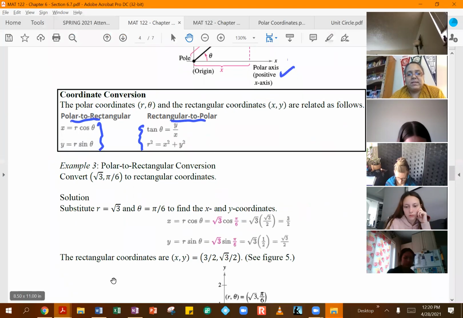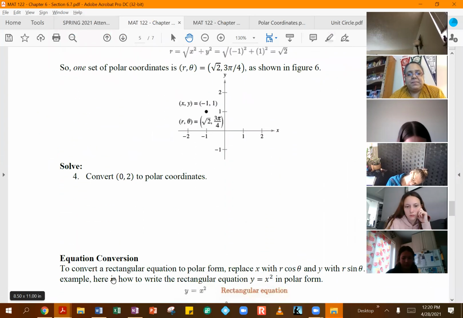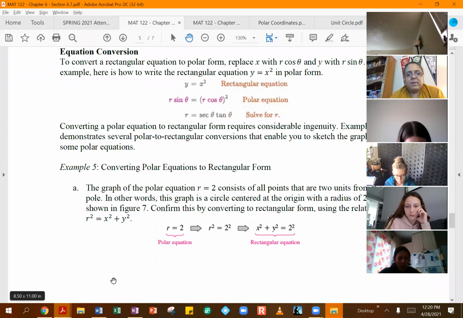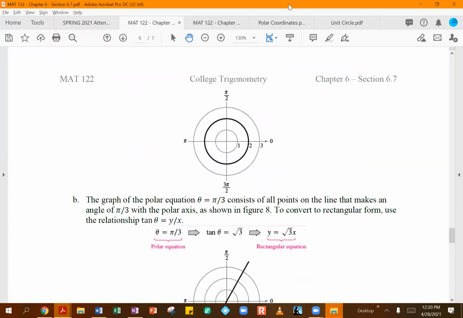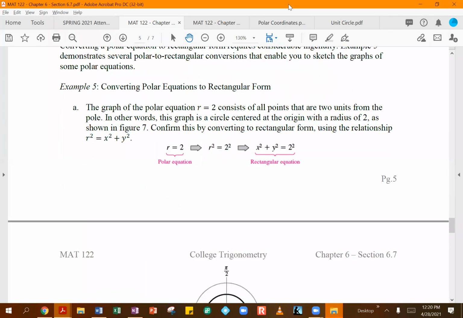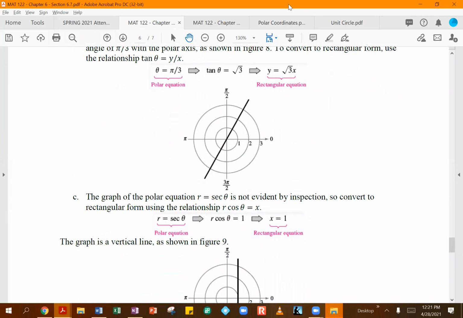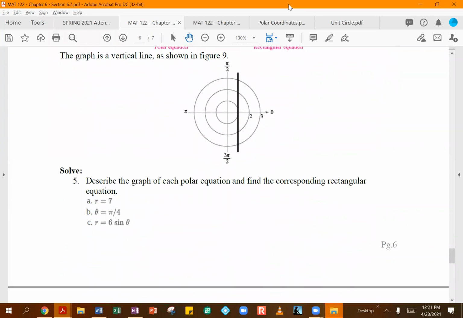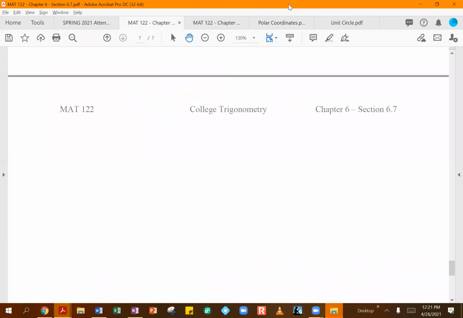And like I said, you can see some of the examples they have over here. This one was actually going from polar to rectangular, and we'll look at an example like that, but it looks like I didn't include an example of rectangular to polar.